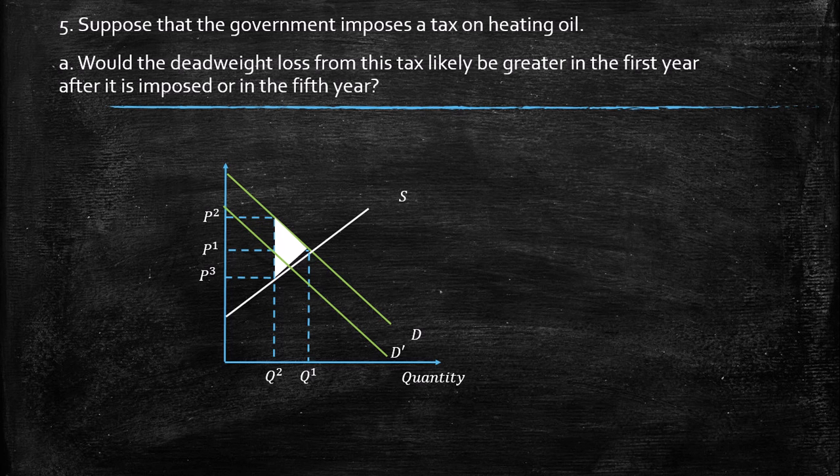Why did I put the demand to the left? It's kind of subtle, as I said, but I propose this one because we are talking about the fifth year. So this is the case of the first year, and this is the fifth one. Why did I shift the demand curve to the left?